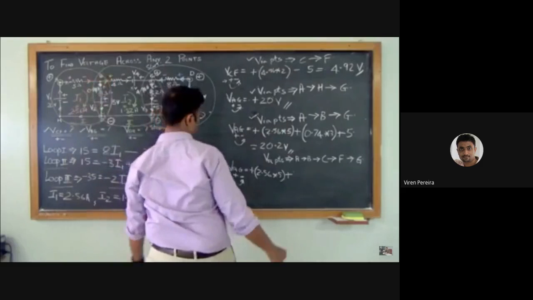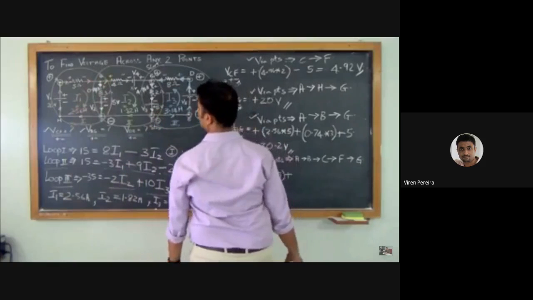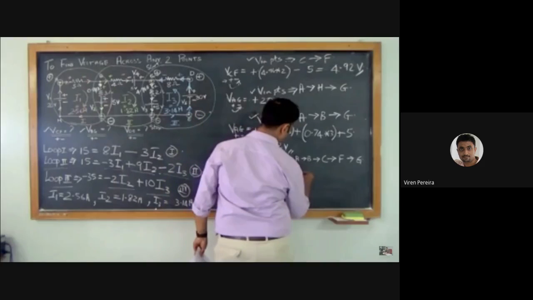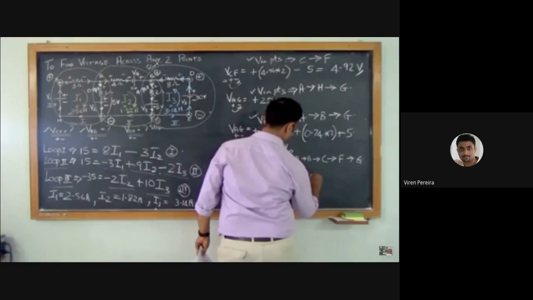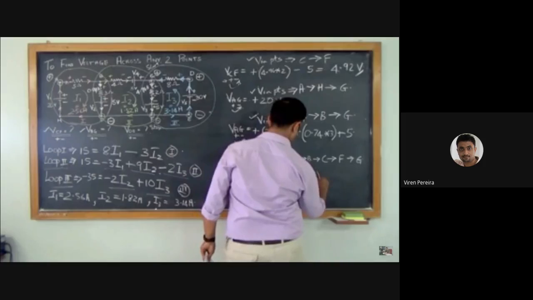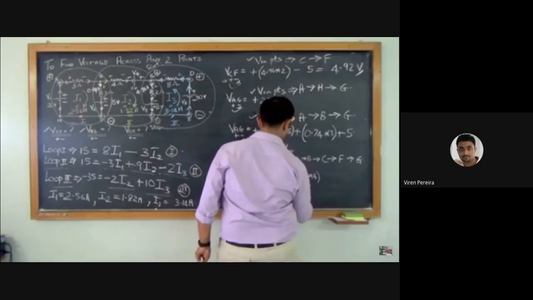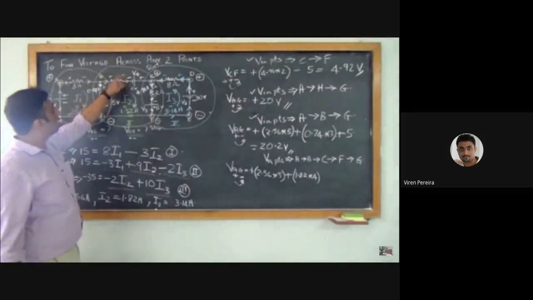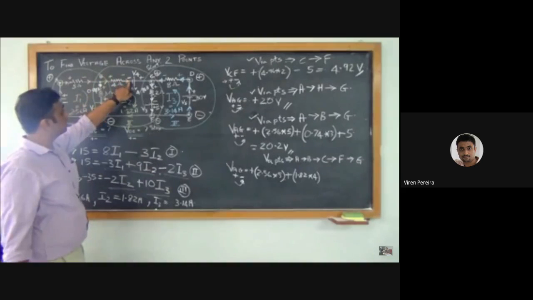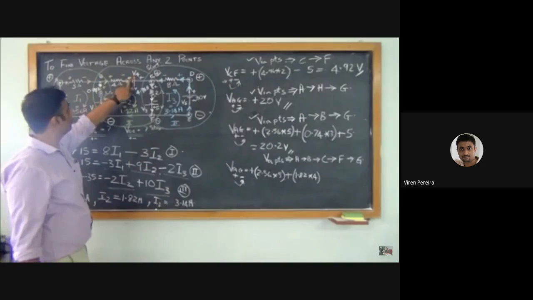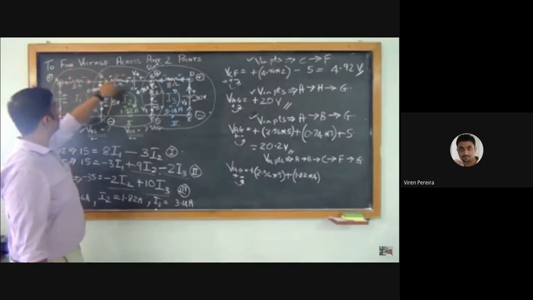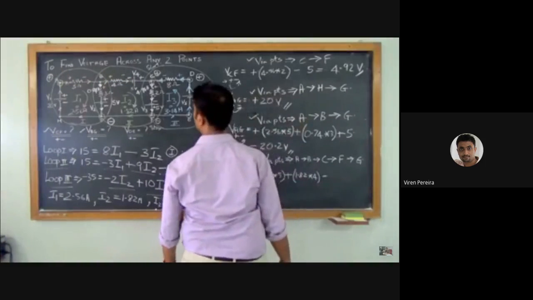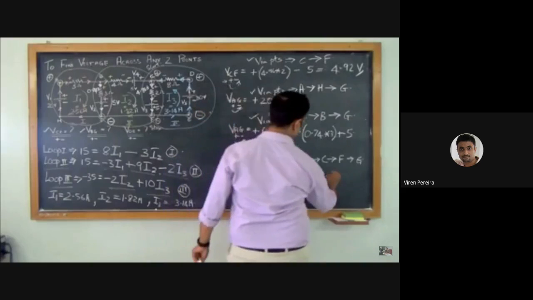So positive into positive is positive. So it will give me I2 into 4. So 1.82 into 4. And after completing this, it goes to the negative terminal, which is my first terminal of V4. So positive into negative gives me negative, which is 5.